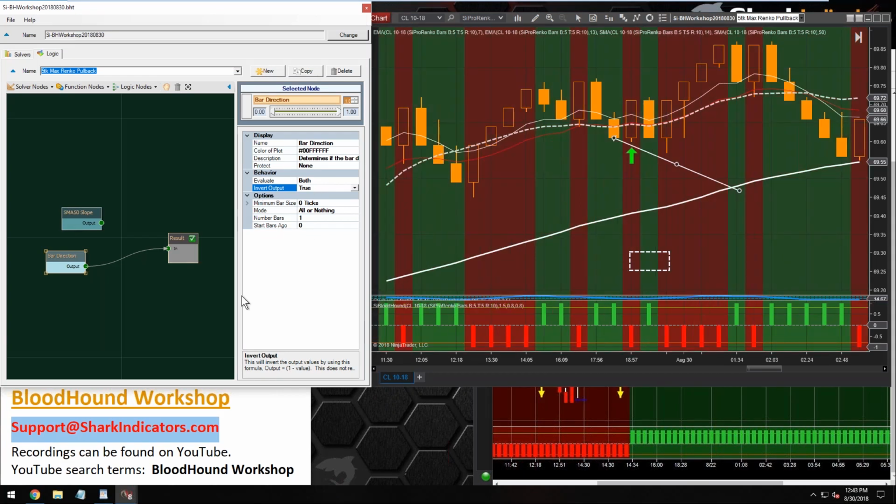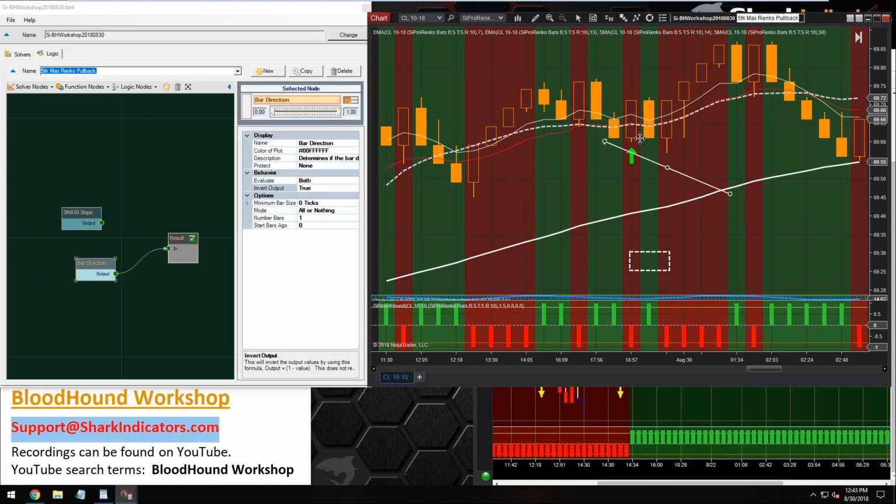So I can simply do that. Makes it a lot easier. Otherwise, if I was using some other kind of bar type other than Renko bars, to reverse the bar direction I would need to use the long-short modifier here. Okay, so there we go. We have some down bars, and they're marked green.